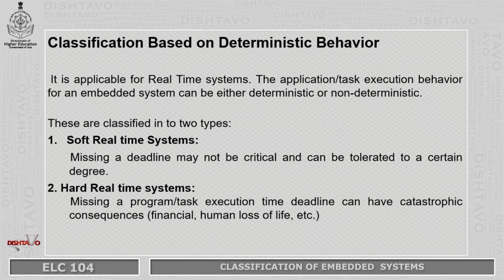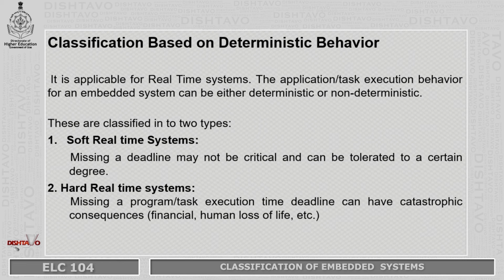The third classification of embedded systems is based on deterministic behavior. These are applicable to real-time systems. The application or task execution behavior for an embedded system can be either deterministic or non-deterministic.